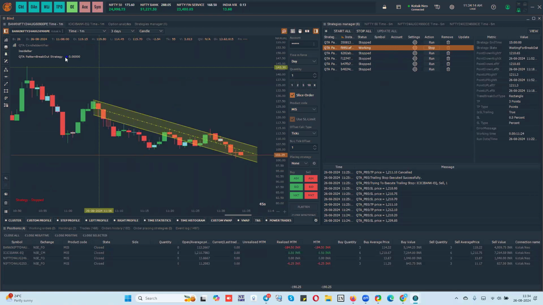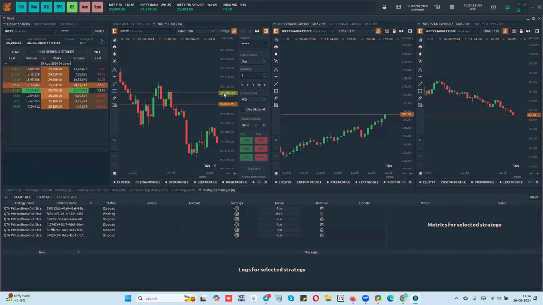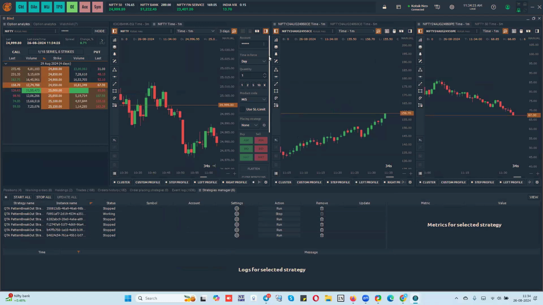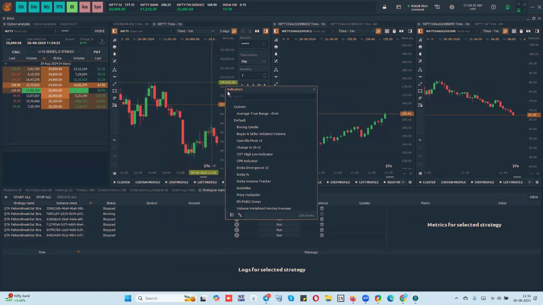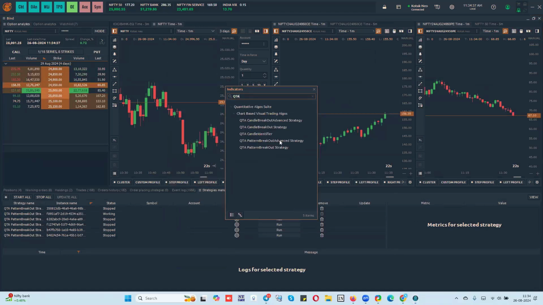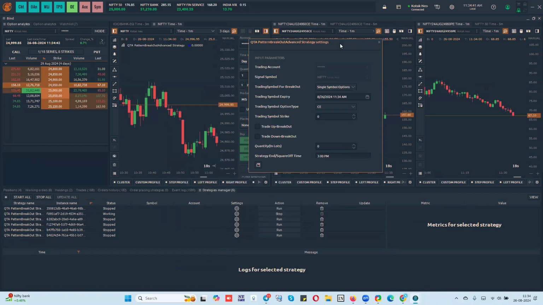Now let's go to the advanced strategies. When it comes to advanced strategies, it means that you can trade on multiple symbols. Let me first add the advanced strategy here, and I will explain the details. Pattern breakout advanced strategy. If you saw the previous webinar on candle breakout, we had these four options there.